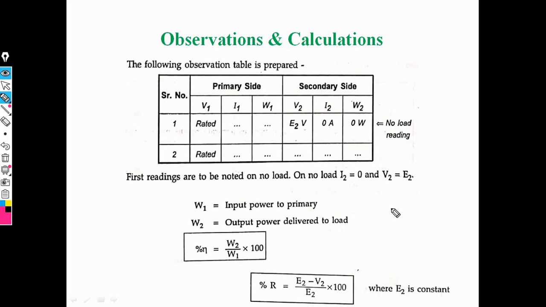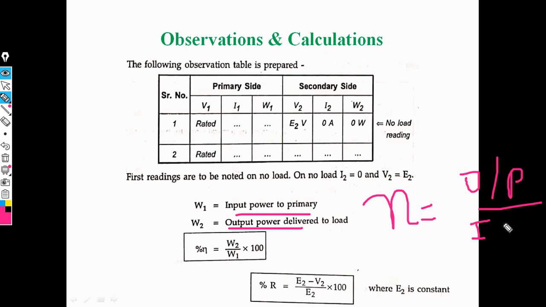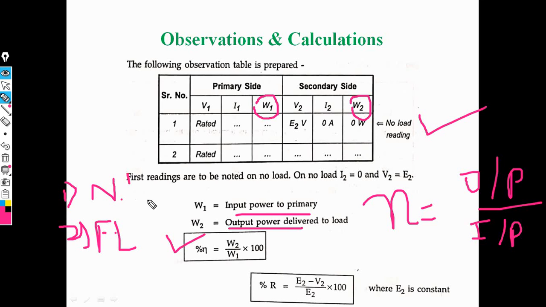The first formula for efficiency is W2, the output power, upon W1, the input power. We put the values of W2 upon W1 for first the no load condition, and second the full load condition. That is, we have to calculate efficiency for no load condition and full load condition.